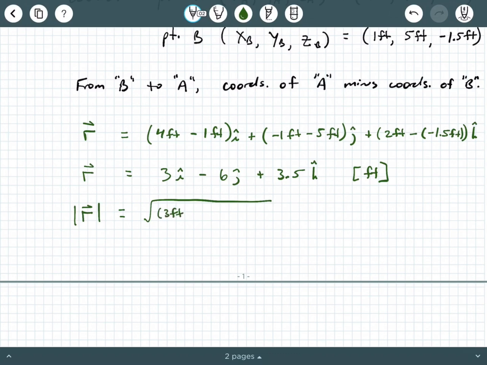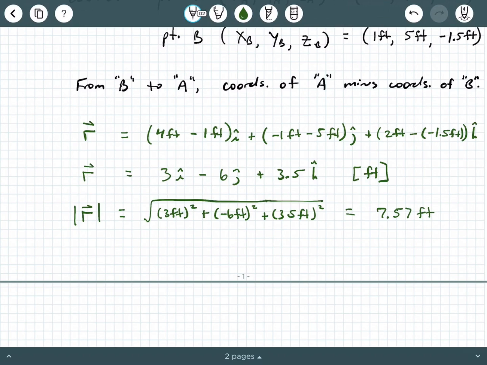So 3 feet squared plus negative 6 feet squared plus 3.5 feet squared, and remember that negative 6 itself gets squared as well. If we punch that through, we have 9 plus 36 plus 3.5 squared, and then we take the square root of that. I get 7.57 feet as the magnitude of that position vector, or its actual length.